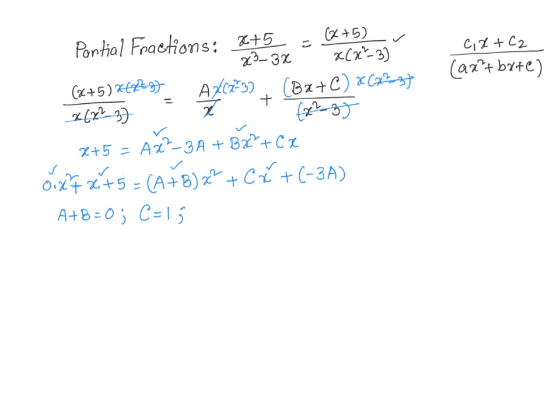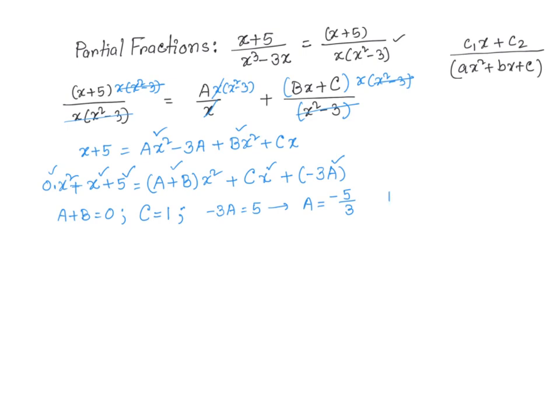And then the constant term on the left is 5. The constant term on the right is negative 3a. So that tells me that negative 3a must be equal to 5. If I solve for a, that's going to give me a is equal to negative 5 over 3. I found c is equal to 1, a is equal to negative 5 over 3, and a plus b is equal to 0.